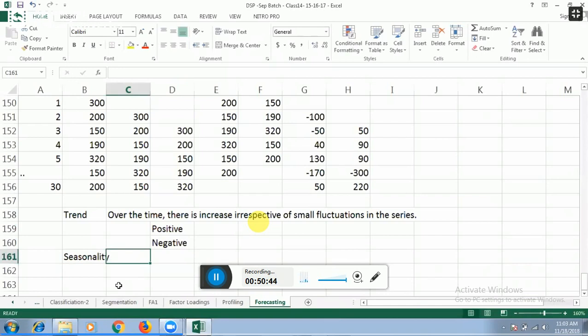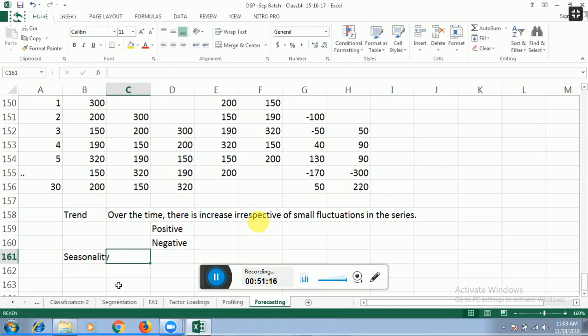For example, every December you see high sales in apparel, high sales in ACs and fans, and peak demand for electricity. These are all examples of seasonality.